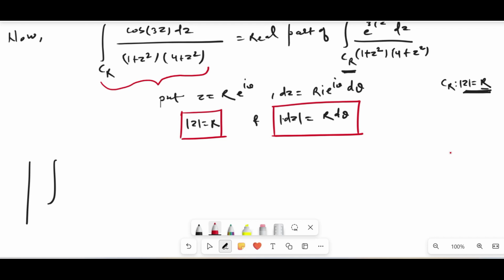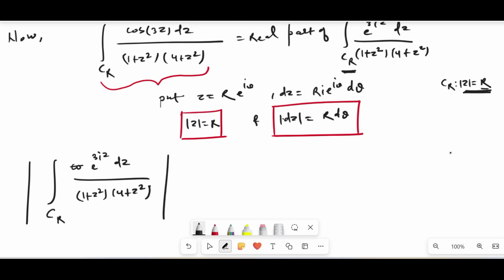So we need to take the modulus of the whole integral, that is e to the power of 3iz dz over 1 plus z square and 4 plus z square. So after taking the modulus, we take the modulus under the integral over the curve C with radius r.